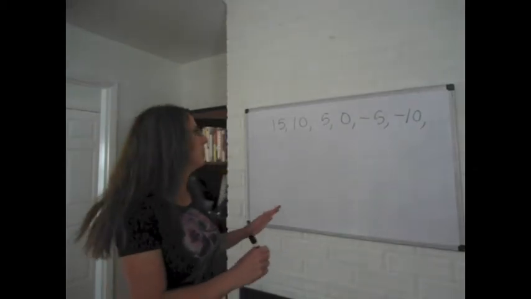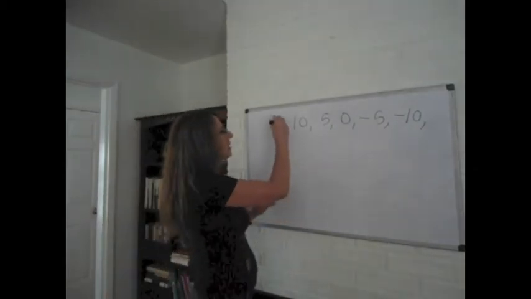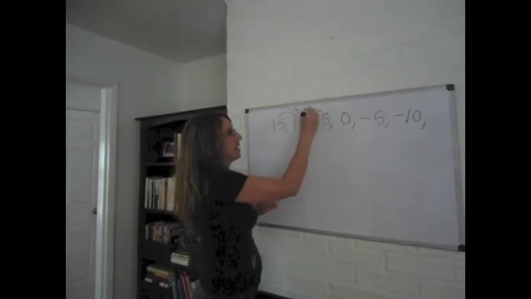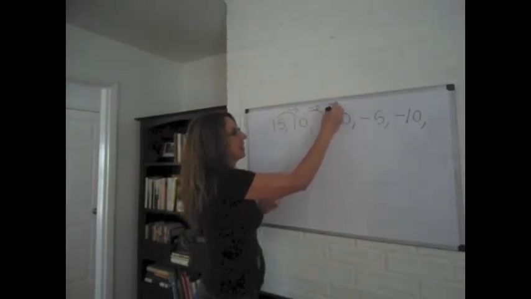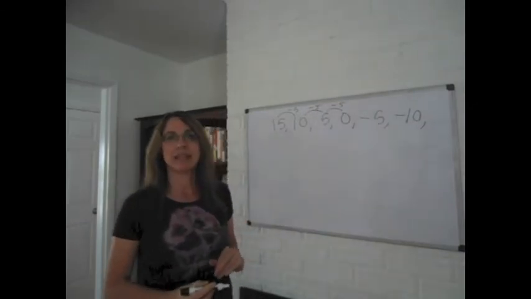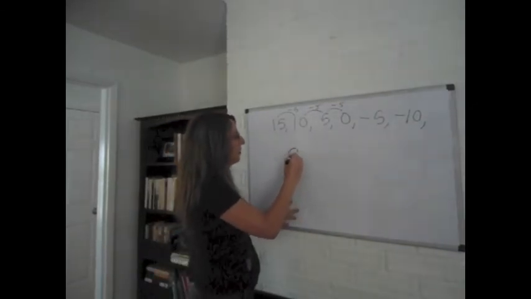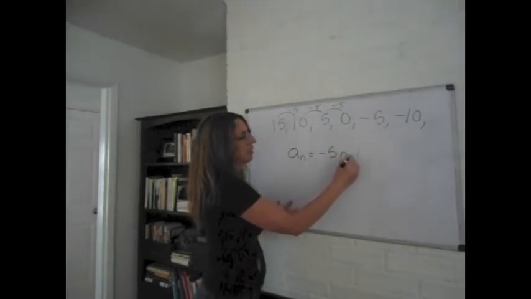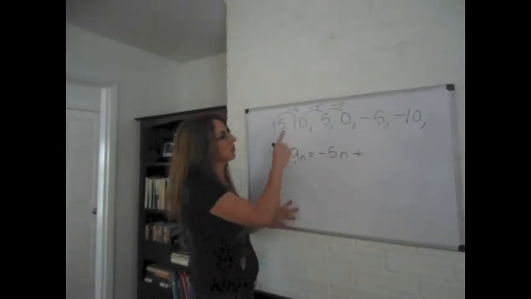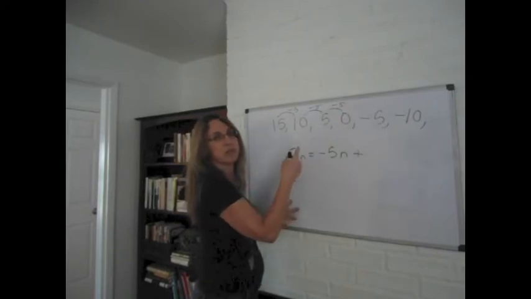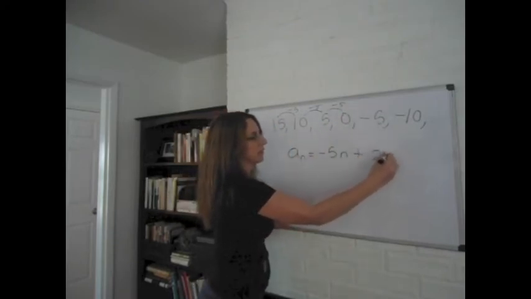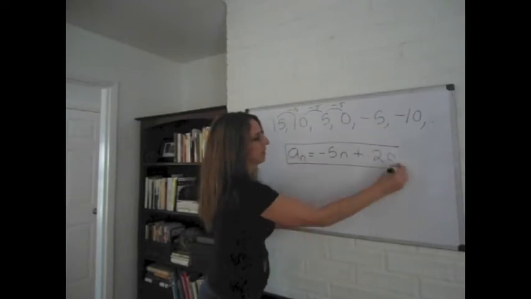In this case, the common difference is negative because 15 plus -5 gives 10, 10 plus -5 gives 5. So our common difference is -5. The tricky part about this one comes when we're doing a sub 0. If we're subtracting 5 moving to the right, we're going to be adding 5 moving to the left. So it'll be plus 20.